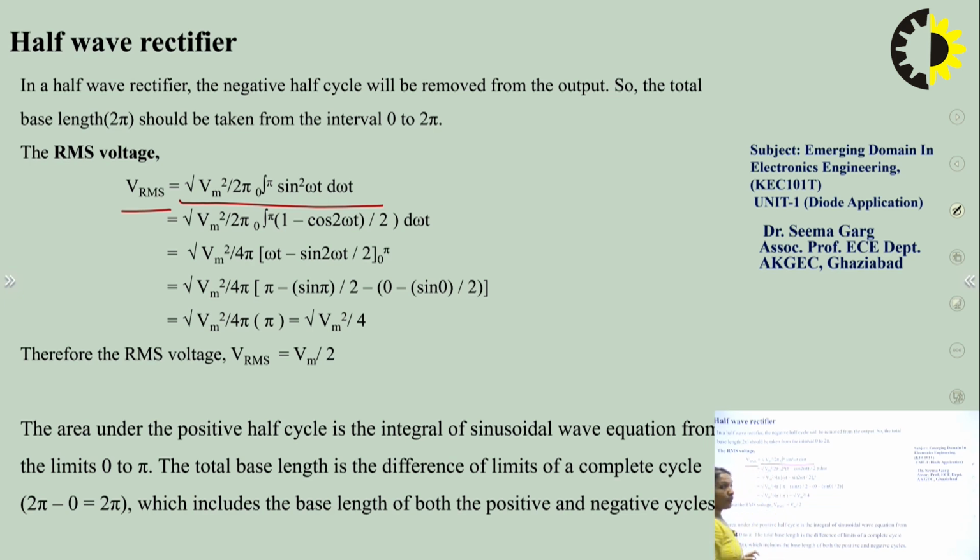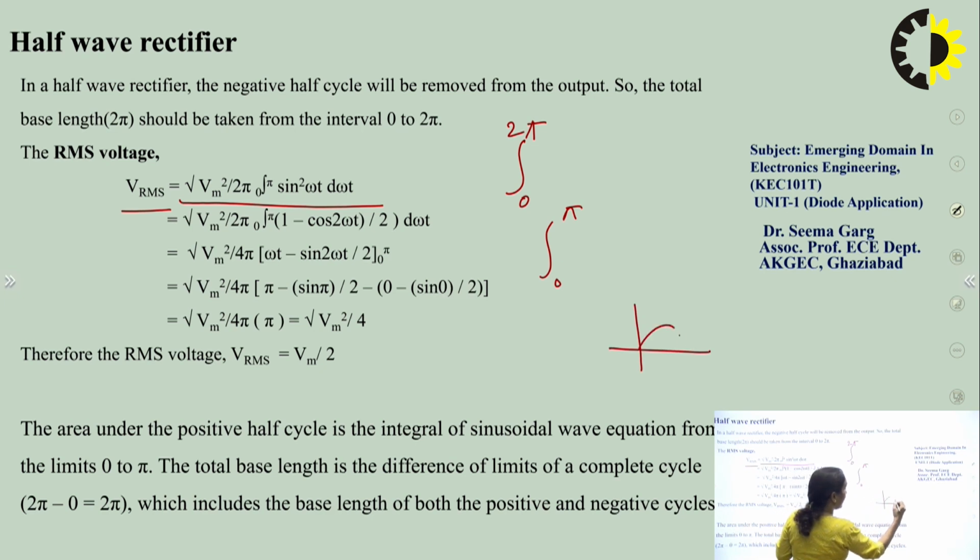Because we are talking about the half wave rectifier, if you integrate this, we know that from 0 to pi the signal is appearing, whereas during pi to 2 pi the value is 0.